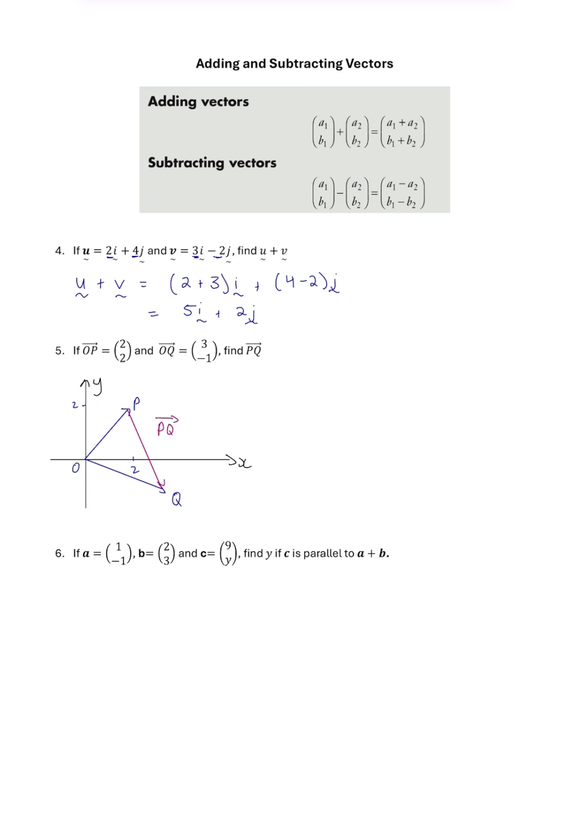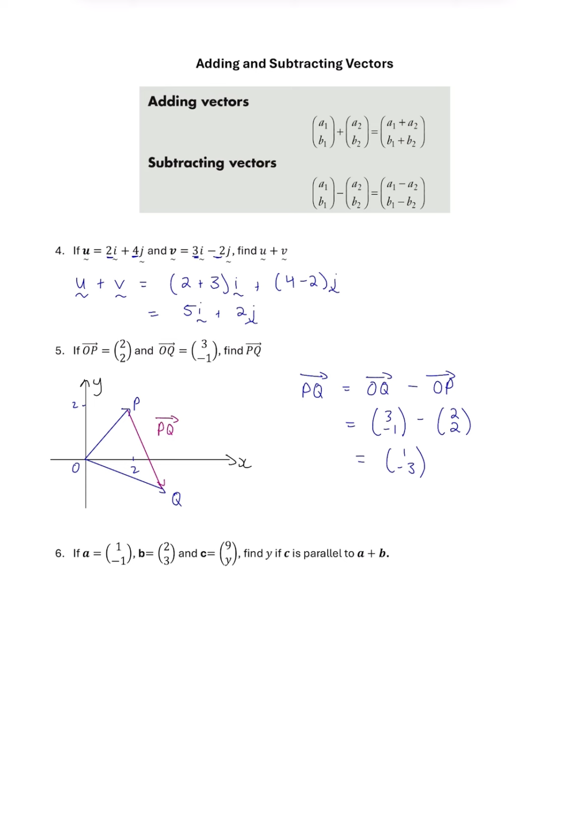So here, vector PQ is actually equal to vector OQ minus vector OP. So here I end up with 3 minus 2, and -1 minus 2. So if I find vector PQ, it will end up being 1 and negative 3.